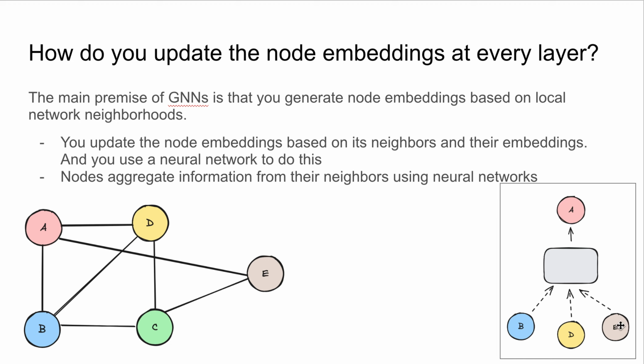Aggregate the neighboring nodes of A, somehow transform it, and that could be the new node embedding for node A. Of course, you could also have node A as part of this aggregation down here, but you'll see that in the next few slides. Intuitively, this makes sense. One way to get updated node embeddings is to gather and transform the information from the node's neighbors. And there's a word for this, it's called message passing.